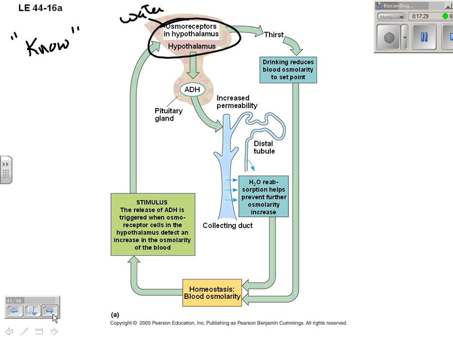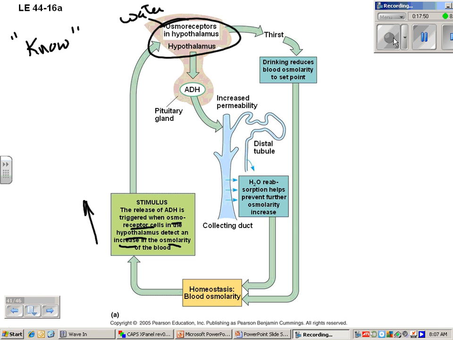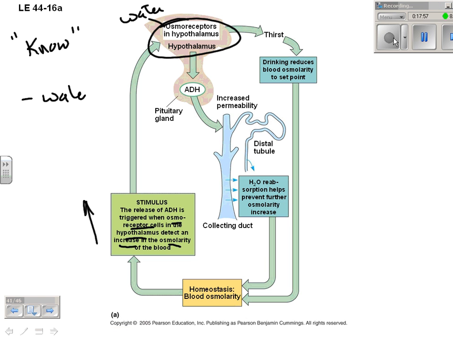When osmoreceptor cells in the hypothalamus detect an increase in the osmolarity of the blood, in other words, less water in your blood, sorry, I said that wrong. So less water equals the release of something called antidiuretic hormone from the pituitary gland.